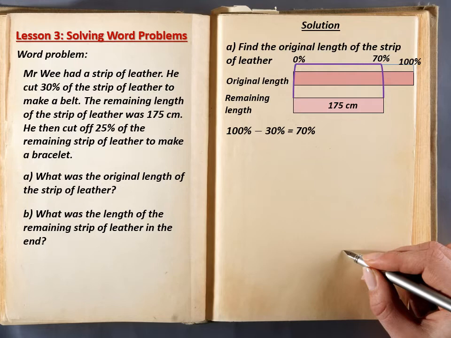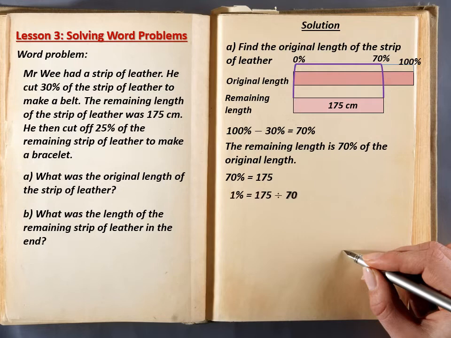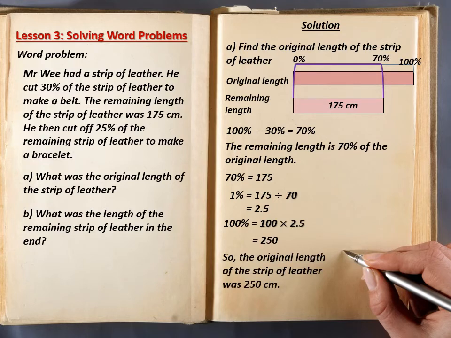So 70% is the remaining strip of leather. So you can say 70% is 175. To find 1%, you take 175 divided by 70 equals 2.5. So to find the original length, 100%, you take 100 multiplied by 2.5 equals 250 centimeters. So the original length of the strip of leather was 250 centimeters.